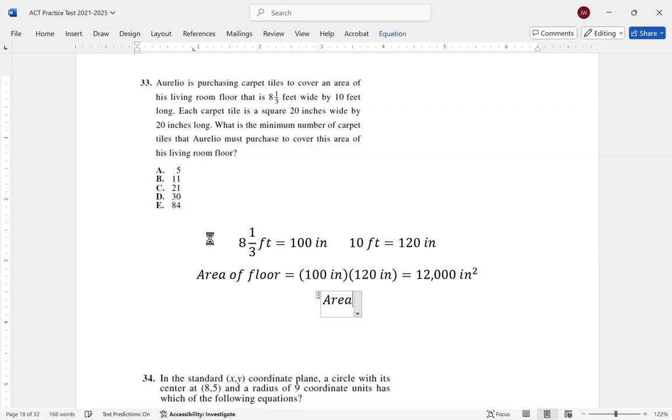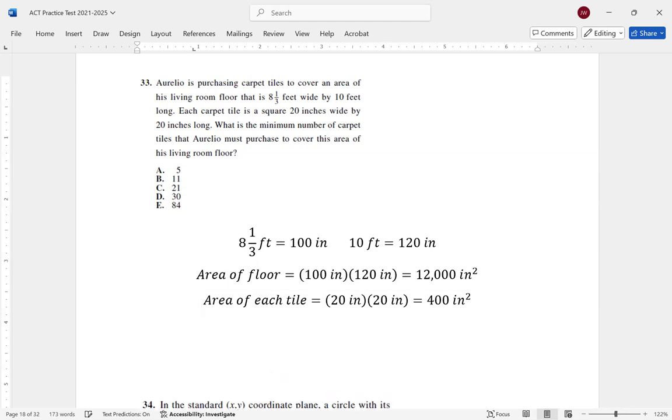The area of each tile, well, that is 20 inches by 20 inches. So take 20 inches, multiply that times 20 inches. Area of each tile is 400 square inches. Okay, so how many tiles would we need?